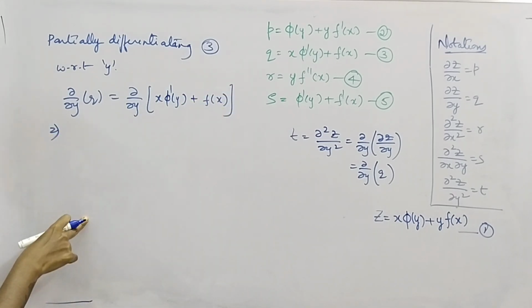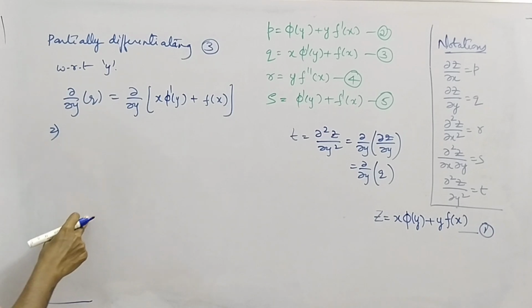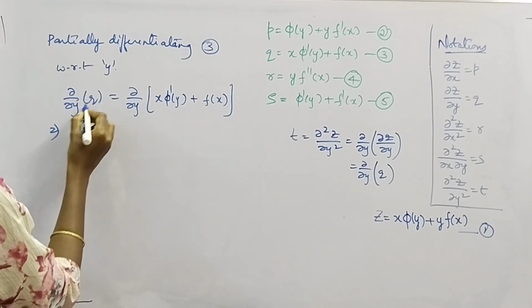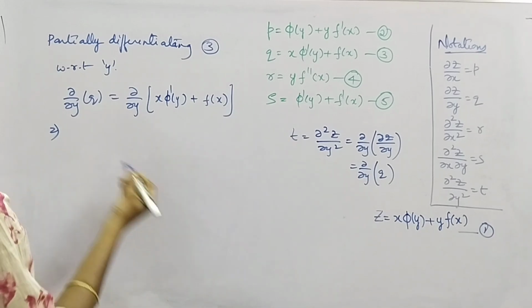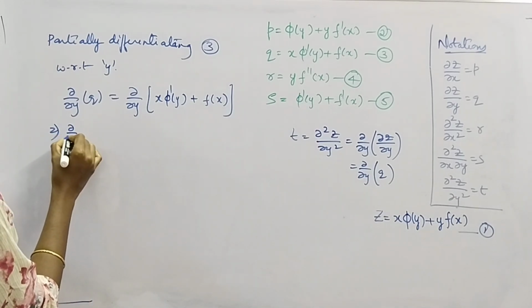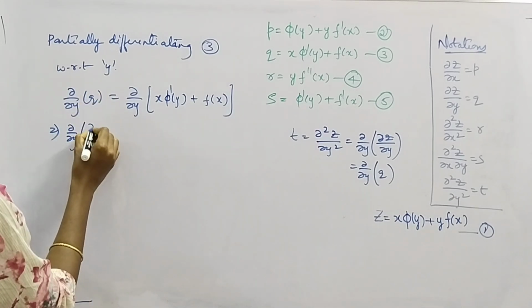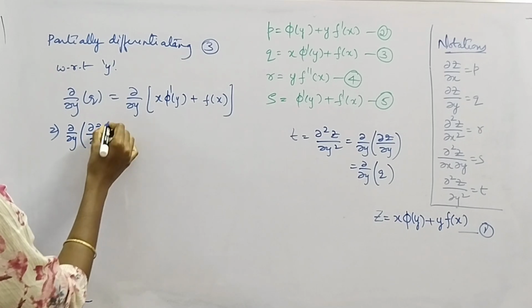Since we are partially differentiating with respect to y, we'll treat x as constant here. Now, this gives us the partial derivative of q with respect to y, which is nothing but t, or you can write it as dou by dou y of q, which is nothing but dou z by dou y.